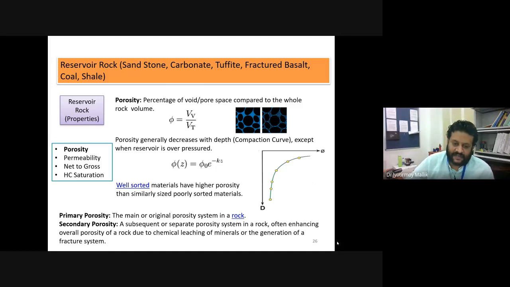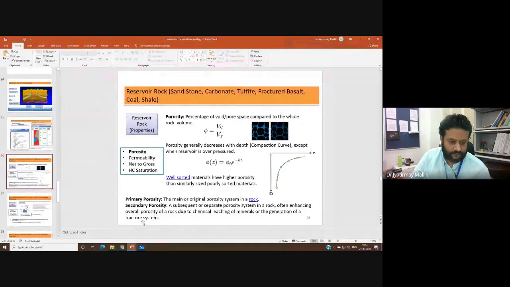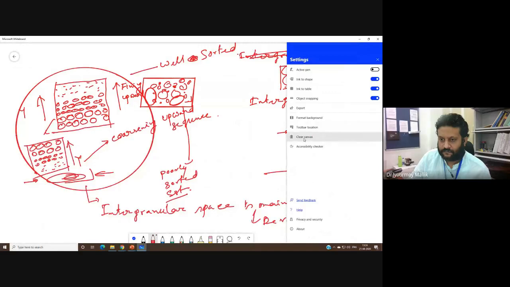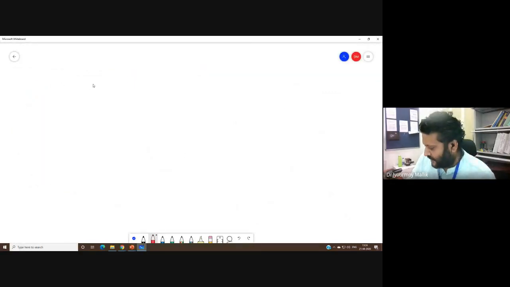And the secondary porosity, a subsequent separate porosity in the system, often enhancing the porosity due to chemical leaching of minerals or generation of a fracture. Okay. So let me just explain this to you very briefly. I have a piece of rock, and these are my grains.